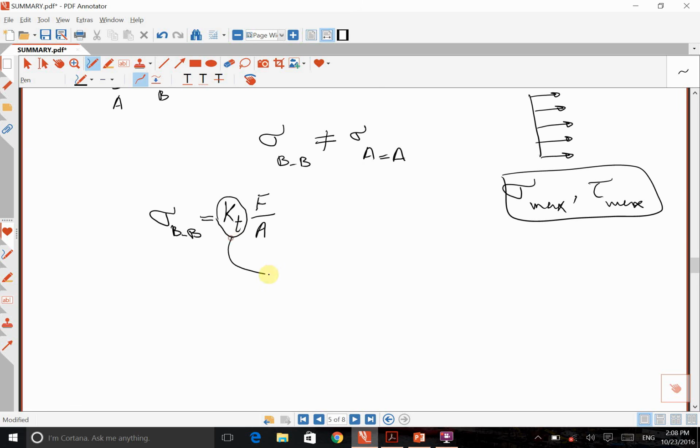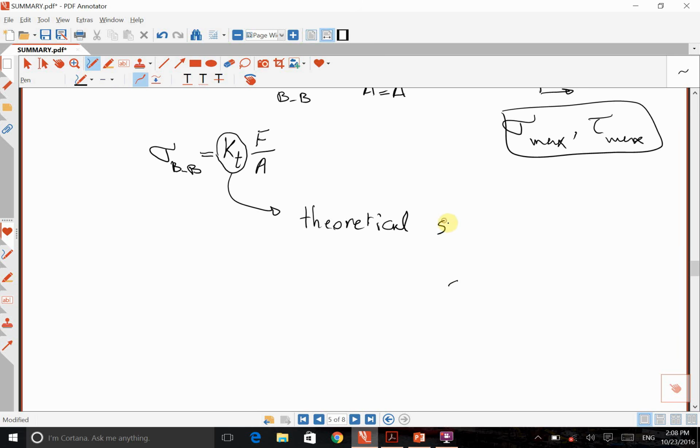This KT is called theoretical stress concentration factor. In order to find that KT, we need to go to a table that I'm going to refer to down the road.